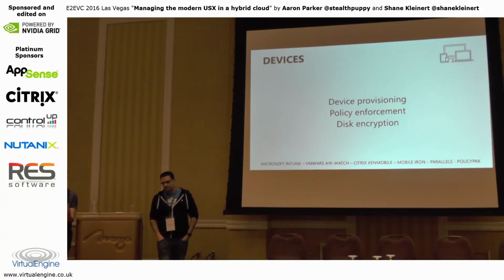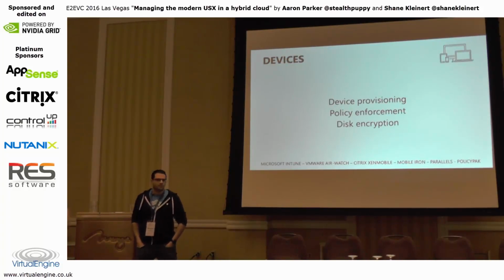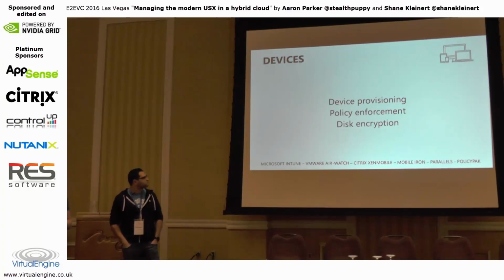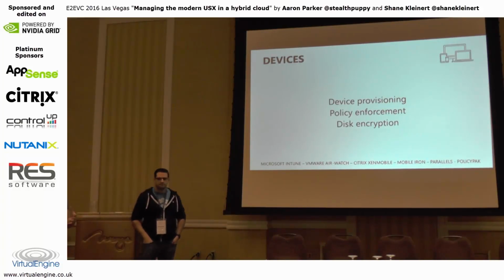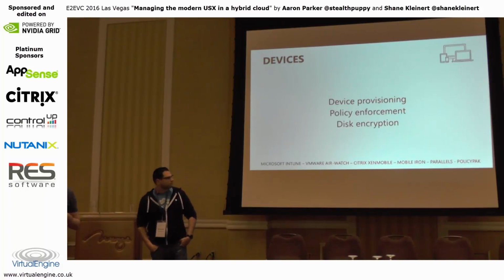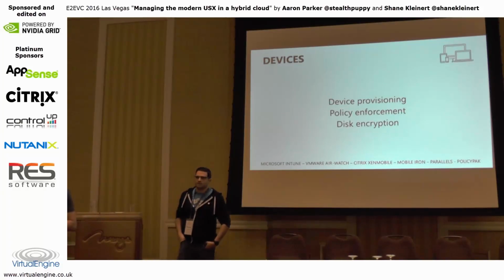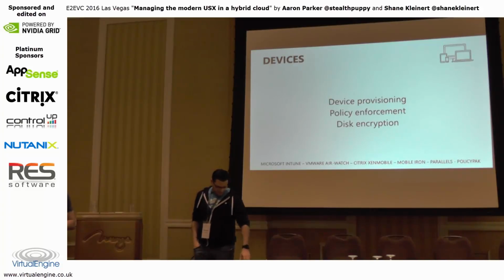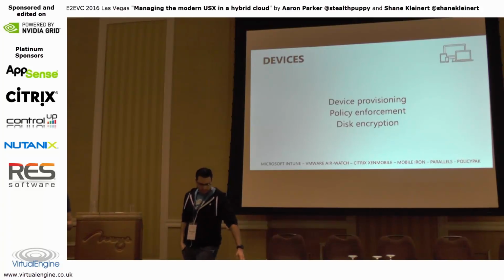Devices. So I've touched briefly on device provisioning. It's probably a mix of, say, enterprise mobility, and Windows 10. I think Microsoft has been doing something interesting with Windows 10, enabling device provisioning without any infrastructure required. So I can email the user the provisioning file, or I can put the provisioning file on a USB stick, and I can provision the machine out of the box and enroll it in my MDM solution.